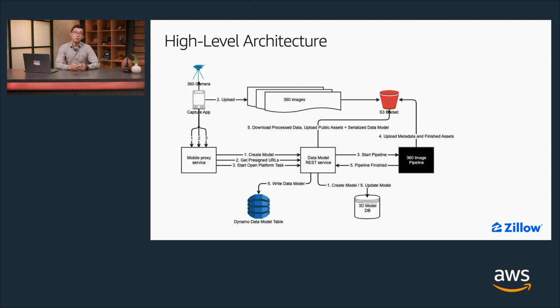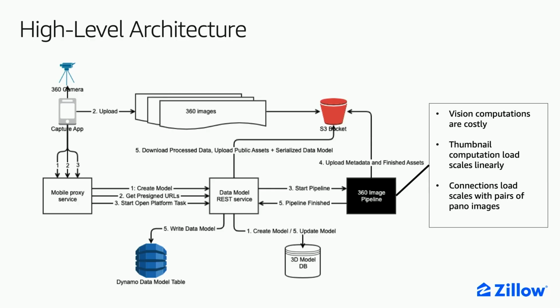We use DynamoDB to keep track of our rich metadata for the viewing experience, such as floors, connection angles, panoramas, etc. Whereas we use an MS SQL database for our relational models that also allow us to interface easily with other Zillow infrastructure.